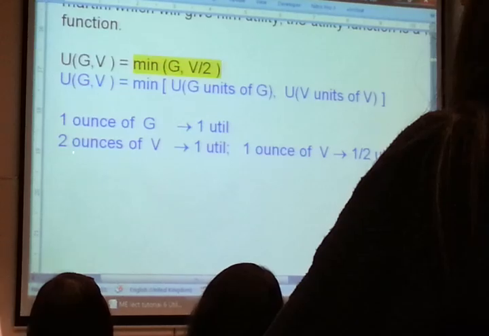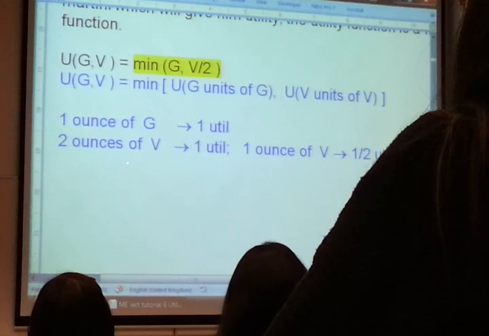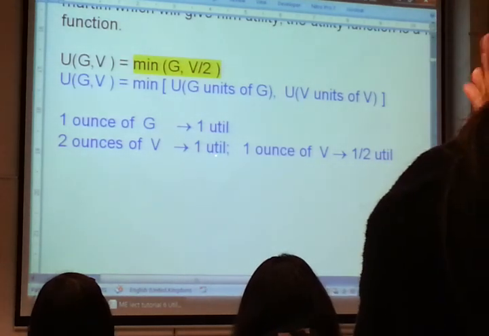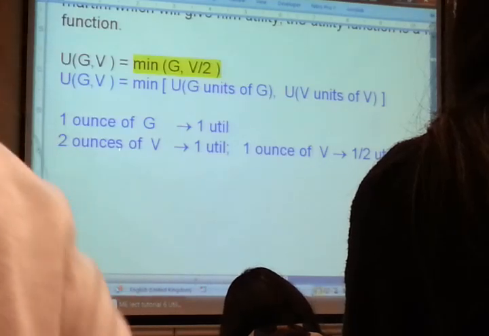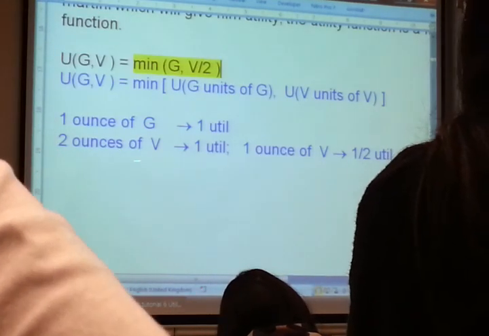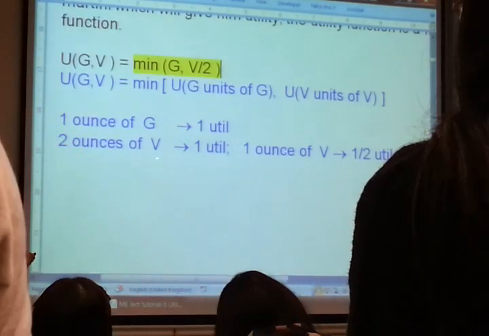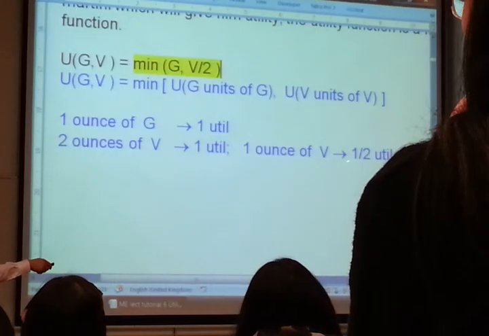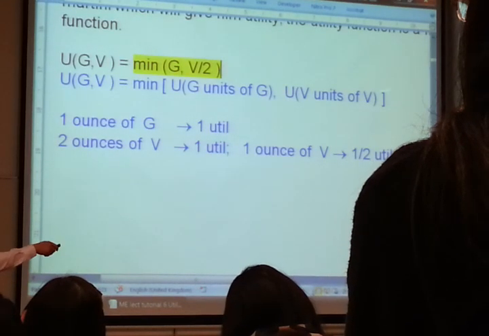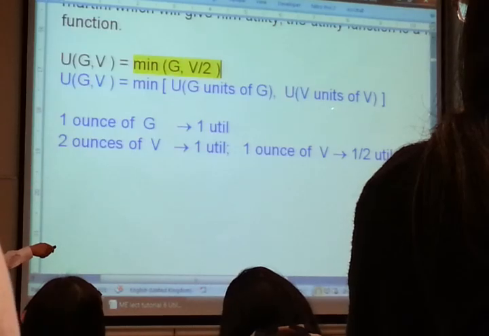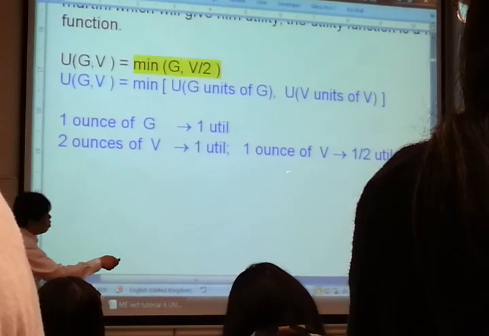Now we know we need 2 ounces of V to make one martini, therefore one unit of utility, right? So one V gives how much? Half. 1 unit of V gives half a unit of utility.